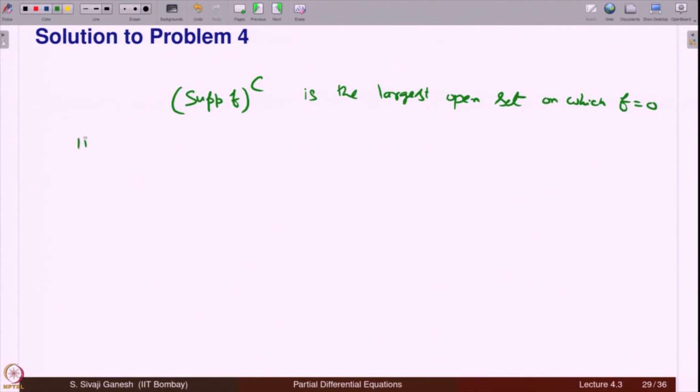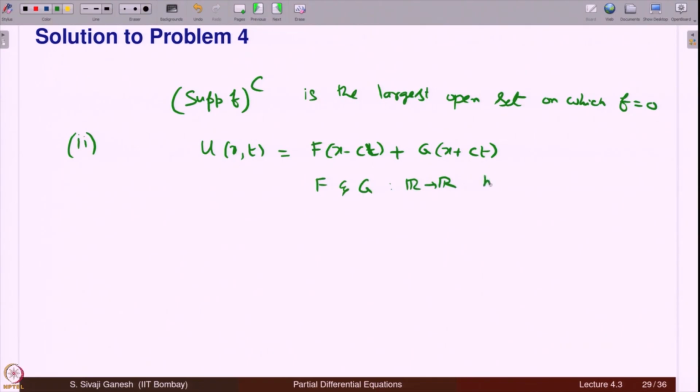Now let us turn our attention to the second part. The second part says u of x, t is equal to this, and it is given that f and g are functions from R to R with compact support.